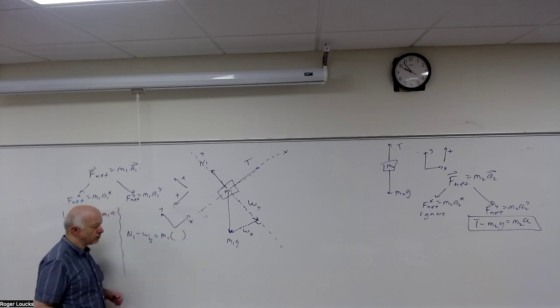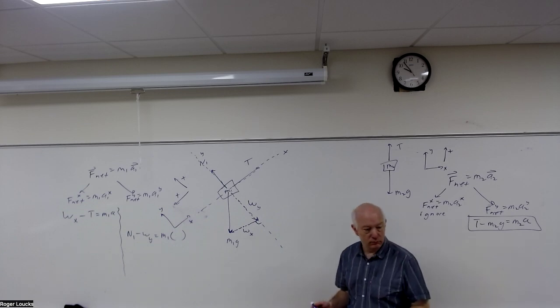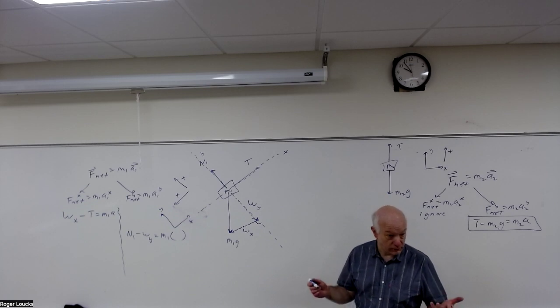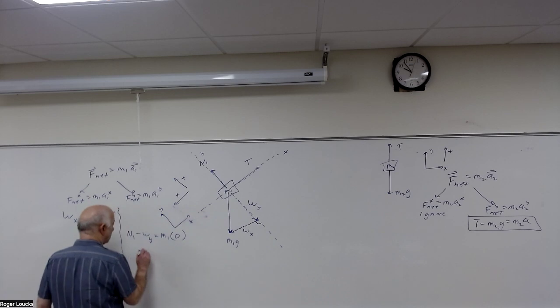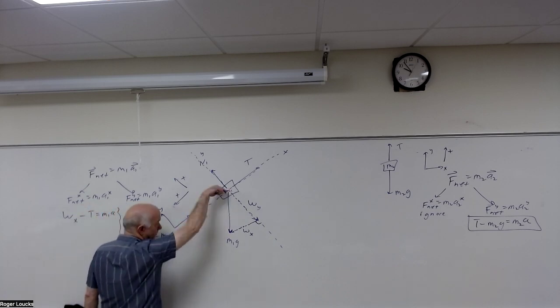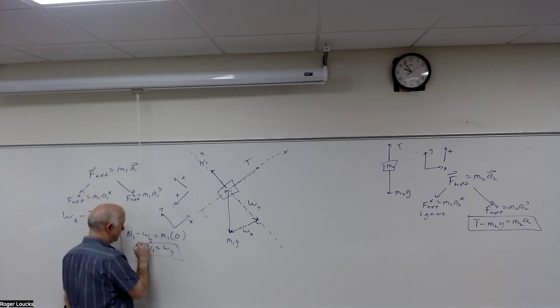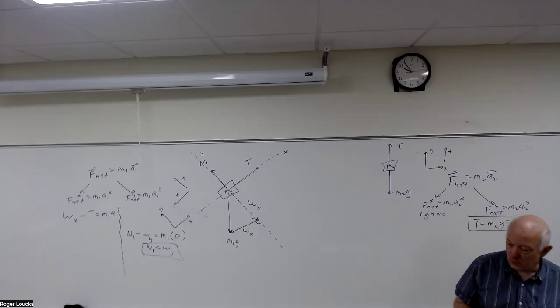And what is the acceleration in the Y direction for that object? It isn't, right? It's not moving in the Y direction. So this has to be 0. So what does this tell you? It just tells you that the force going up has to equal the force going down. Right now, that doesn't help us. It will when we put in friction, but we're not quite there yet.